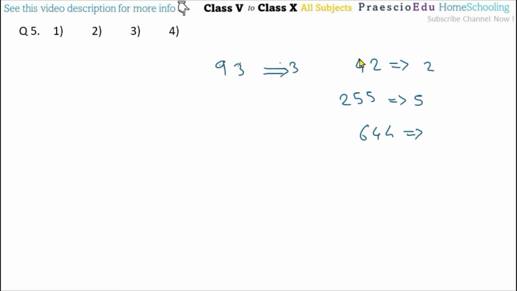So like this, 4 is the square of 2, or 4 divided by 2 we are getting 2. So likewise this 25 is the square of 5, or we can say 25 divided by 5 we are getting 5. So like this, 64 divided by 4, so we are getting 16. So 16 is available in option number 1.